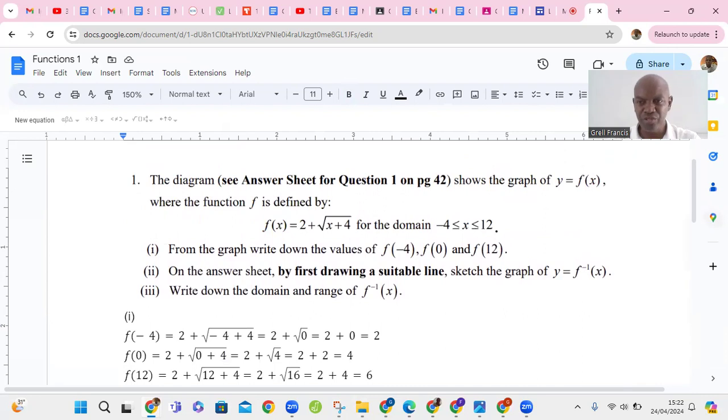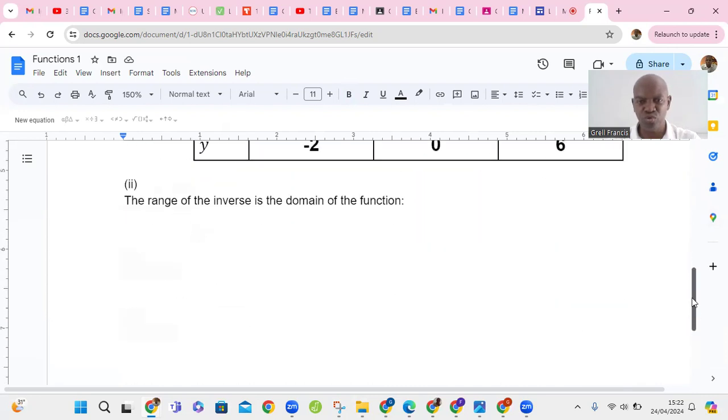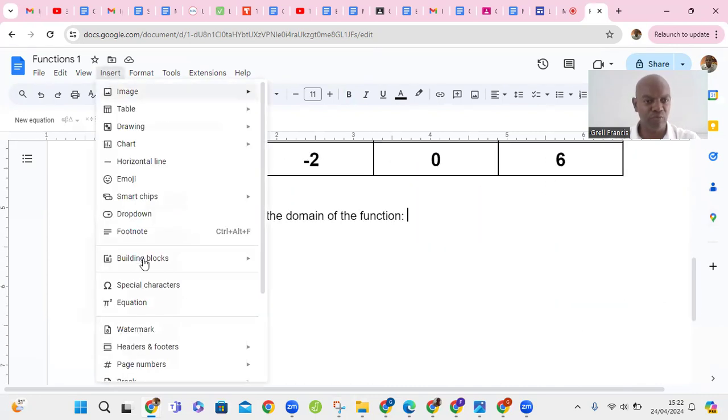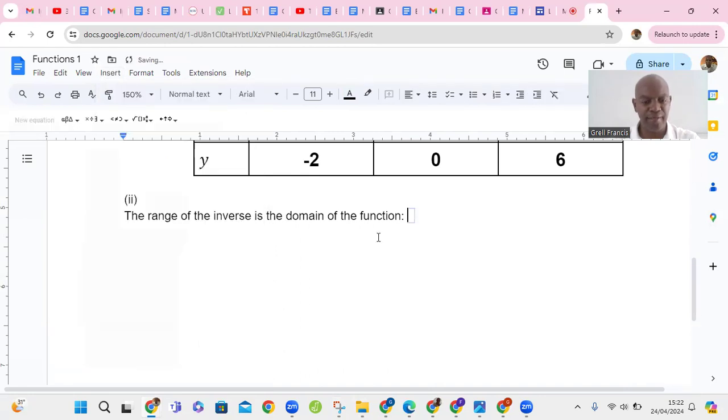So this will be the range of the inverse, but we've got to use y. Okay, you've got to use the letter y. The letter y is the letter for the range. Okay, so y will be greater than or equal to -4, less than or equal to 12. So this will be the range of the inverse.